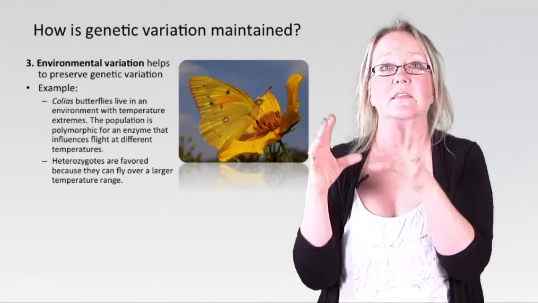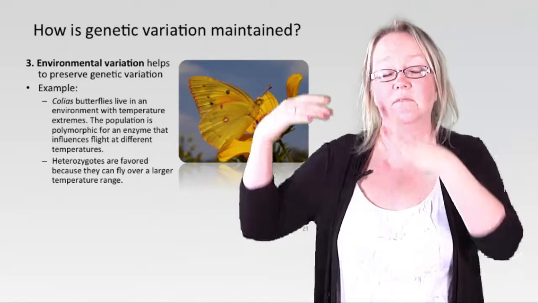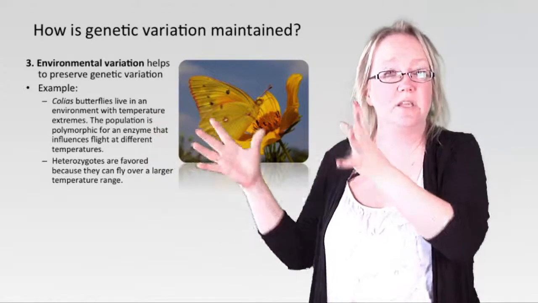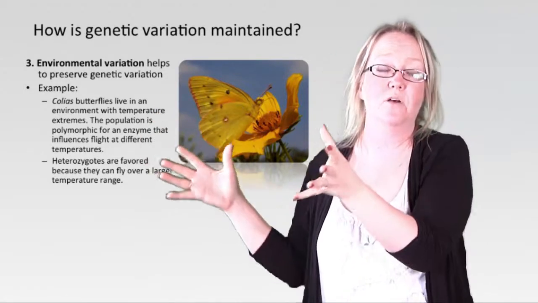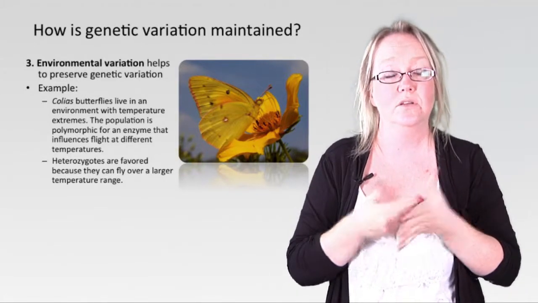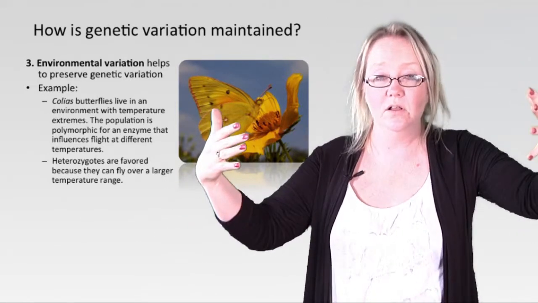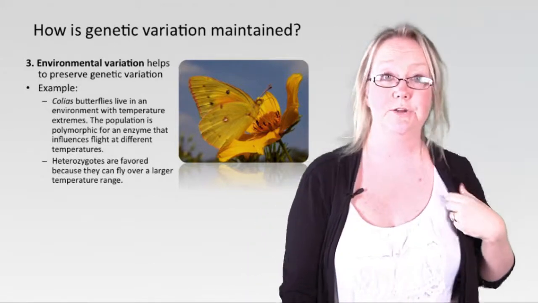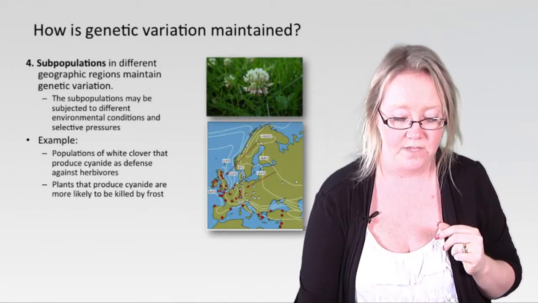And given that sickle cell anemia is most common in African Americans, and the homeland, potentially the place where African Americans came from, is in Africa where malaria is a real problem, then these heterozygotes tend to stay in the population. And therefore, the allele continues to be maintained even though it happens to be deleterious as far as health concerns go. So just an interesting example of that.